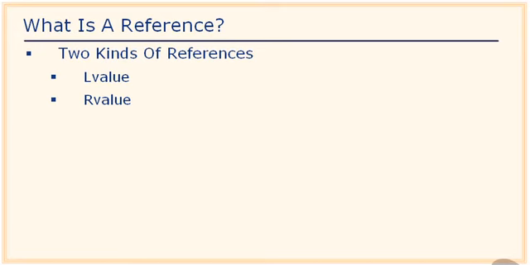What's interesting about this L value and R value stuff is the descriptions are not even very plainly laid out in the C++ standards, and the descriptions of what these are has changed somewhat in the various standards. So anyway, join me in the videos called L value references, and then in a separate video called R value references, and we'll dig into these just a little more.